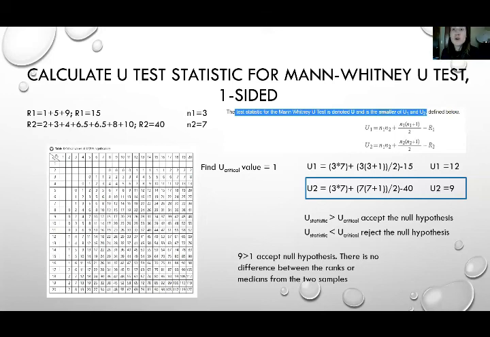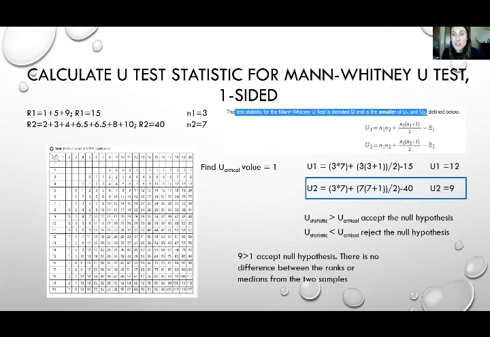If you go from 3 and 7 and connect the two, you see that the critical value is 1. So the critical value for this test, which had 10 total observations, 3 in group 1 and 7 in group 2, is 1.